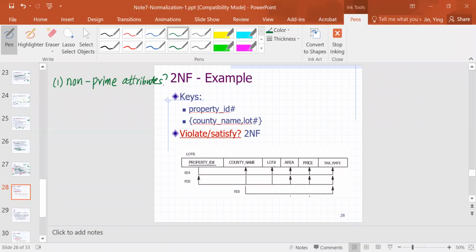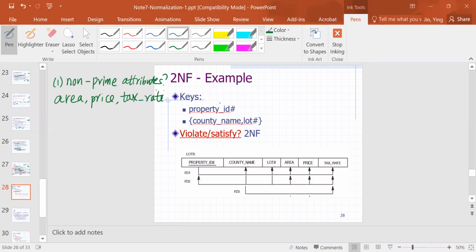Lot number is part of this key, so this is a prime. And the area, price, and tax rate, this one is not part of this key, this is not part of that, so this is a non-prime. Similarly, price is not part of this, so price and tax rate, they are non-prime.